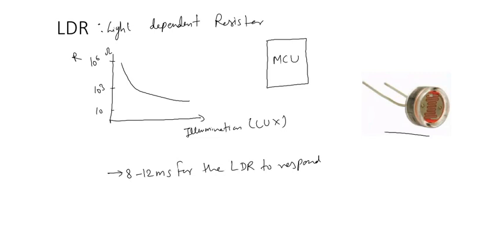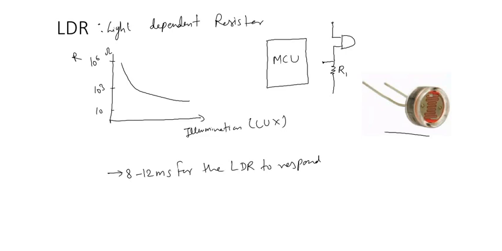If I want to interface the LDR with that, I have to connect one resistance, let's call it R1, and this is your output. This is connected to the analog input of the microcontroller.